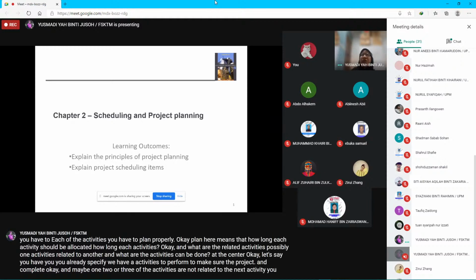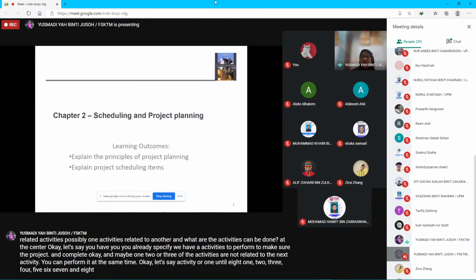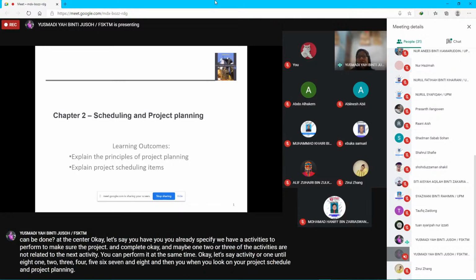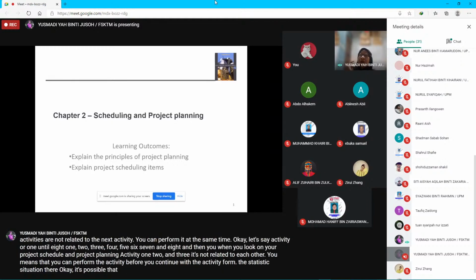You can perform them at the same time. Let's say activities 1 until 8, 1, 2, 3, 4, 5, 6, 7, and 8. And then when you look at your project schedule and project planning, activities 1, 2, and 3 are not related to each other. That means you can perform them before you continue with activity 4. There is a certain situation there. It's possible to have that kind of arrangement.